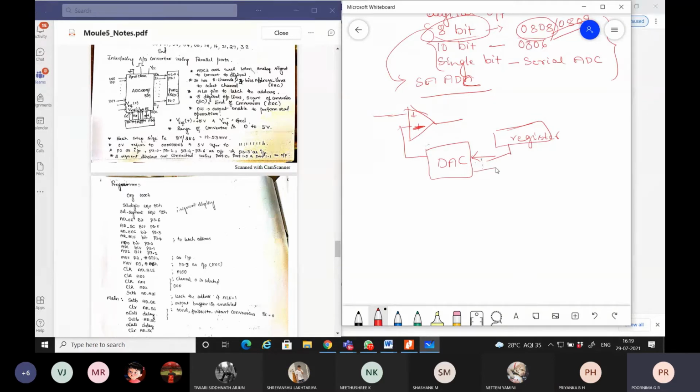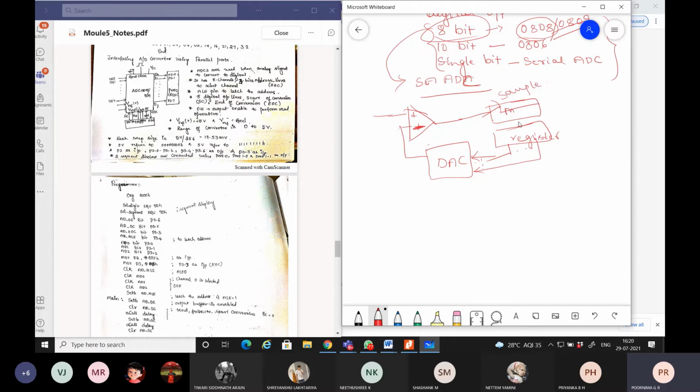There will be n bits of input coming from this register, and for this we use a sample and hold circuit.